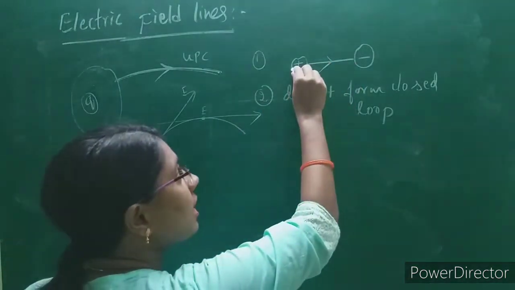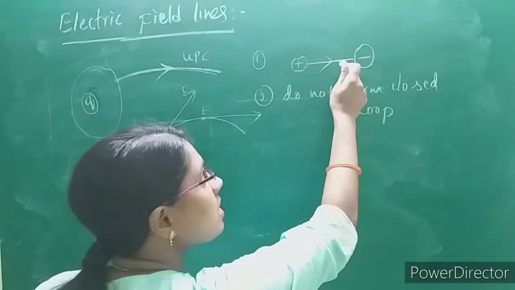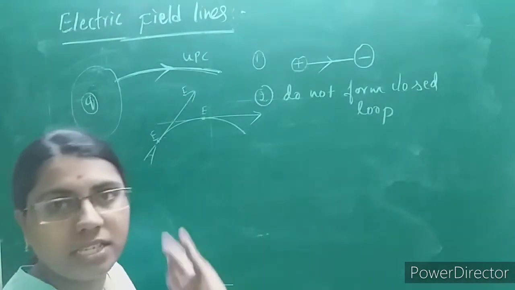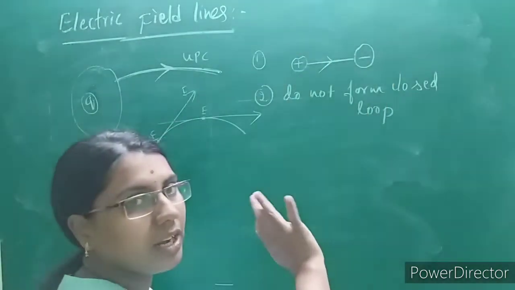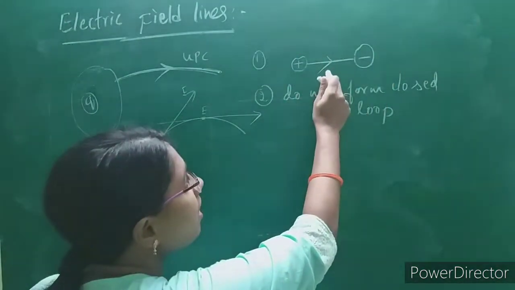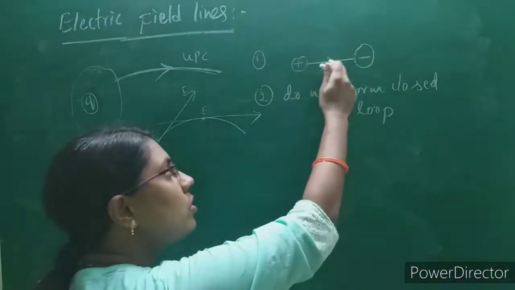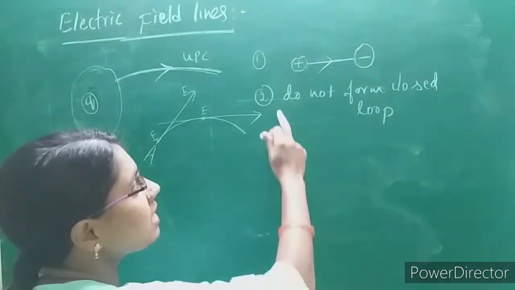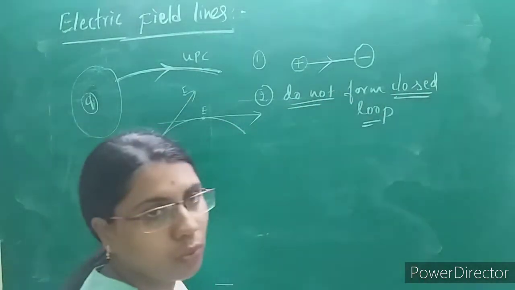That means if they start from positive charge, they do not return to the positive charge again. They end at negative only. They start from positive and go away. So that's why they do not form closed loops. They do not return again to the same charge.